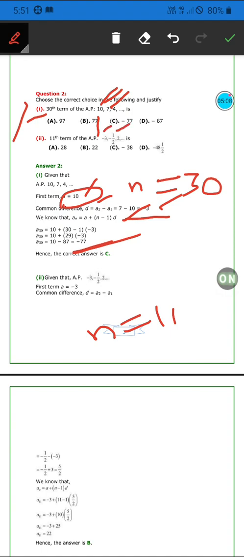So d is minus 1 by 2 minus of minus 3, and the d value becomes 5 by 2. Observe here, there are double minus signs, so clearly observe that. Using the same formula, put the values of a, n, d. We get the 11th term a11 as 22.